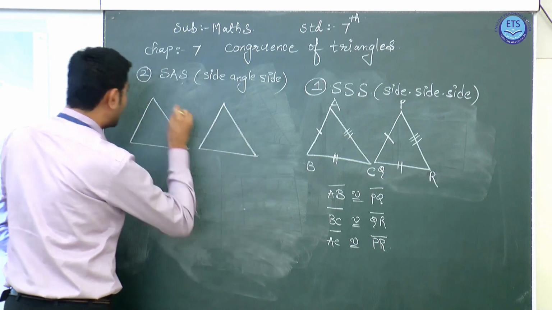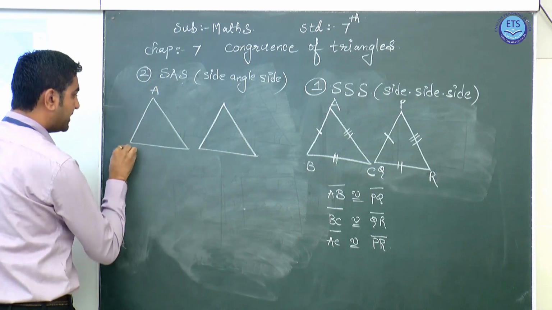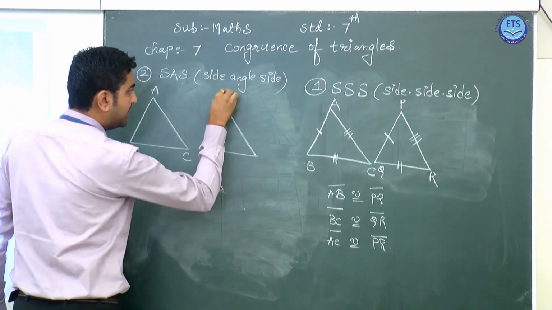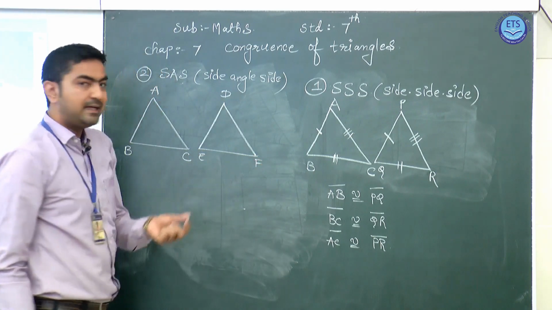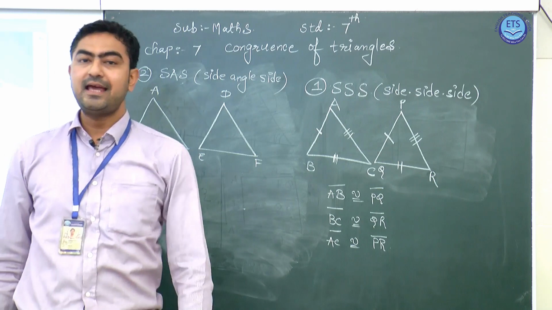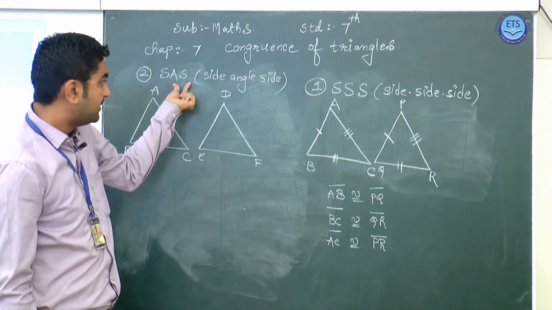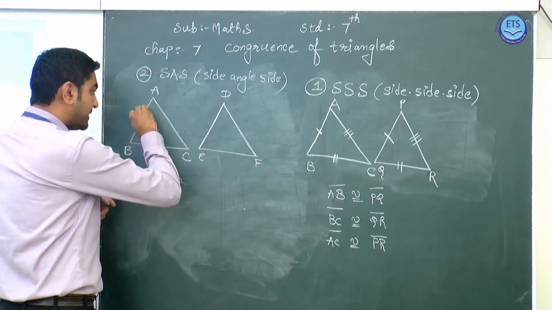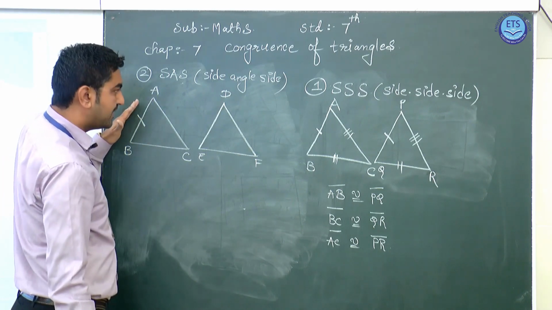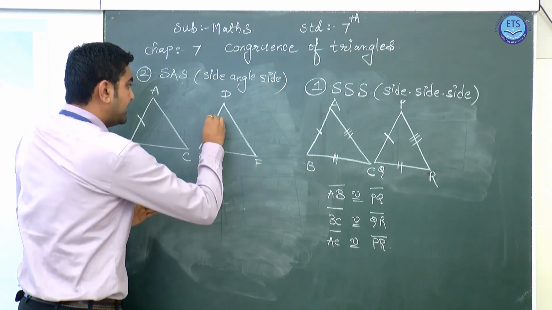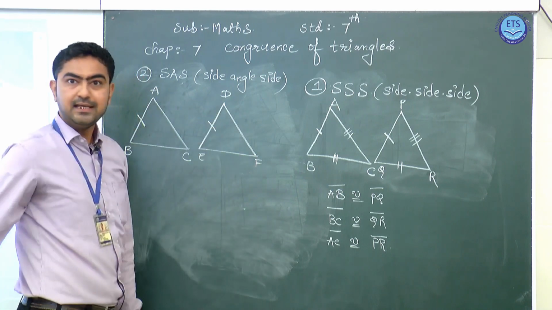Everyone see the figure of the two triangles ABC and DEF. Now, what is the actual meaning of the SAS criterion? The first side of the first triangle is line segment AB, and its corresponding side is line segment DE.